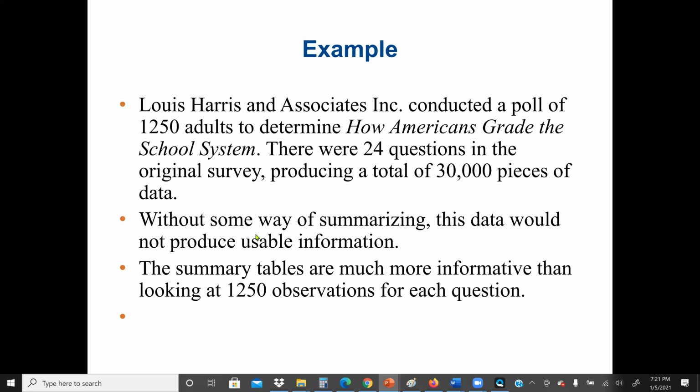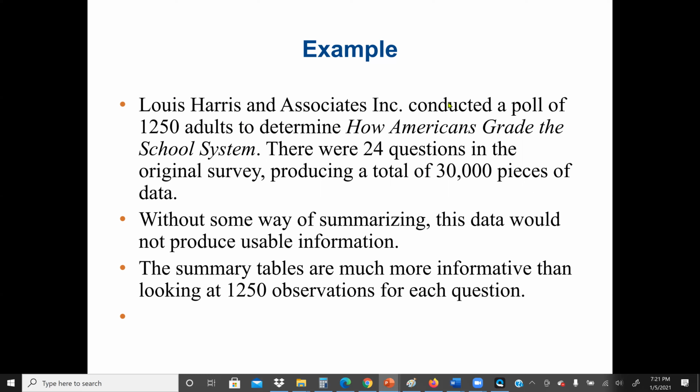Without some way of summarizing, this data will not produce usable information. So our goal here is to summarize or organize the data we have. That's 30,000 pieces of data. Now, the summary tables are much more informative than just looking at the 1,250 observations for each question.